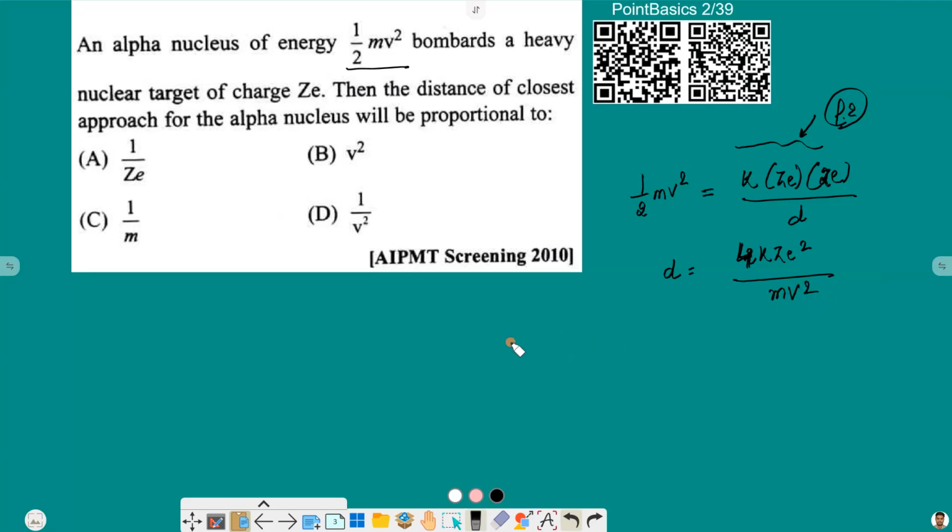So what we have is that d is proportional to 1 by m, d is proportional to 1 by v square, and d is proportional to Ze. So from the given options, we can say option A is wrong, option B is wrong, option C is right, and option D is right. Means here we have two options which are right, so I think there is some problem with the given options.